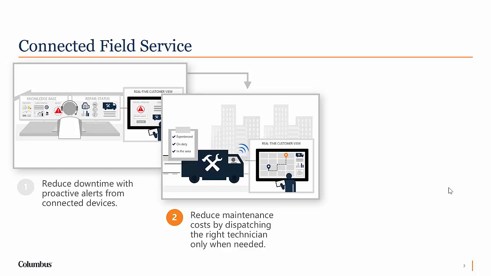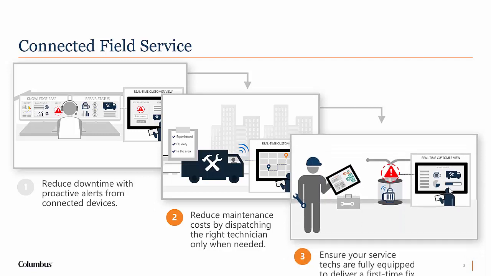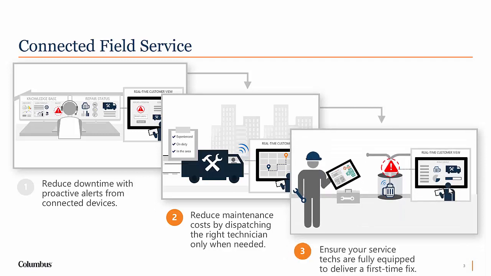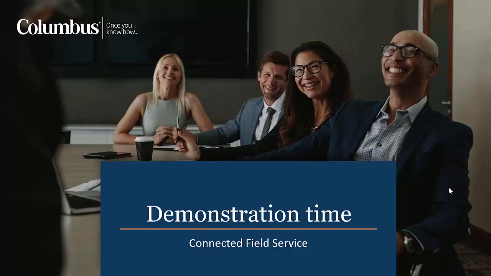And then what we did in part 2 is we looked at the schedule board and the ability to reduce maintenance costs by dispatching the technician out to do that work when needed. And what we're going to look at in this one is the mobile application that allows your service technicians to deliver a first-time fix. So we're going to go into demonstration mode now with Connected Field Service.